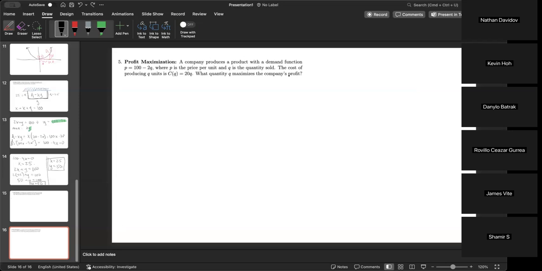Well, what's the company profit? Profit is the amount that you sell times the price minus the cost. So we want to maximize this.